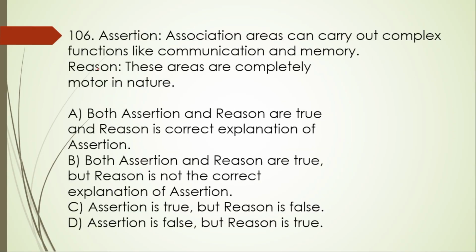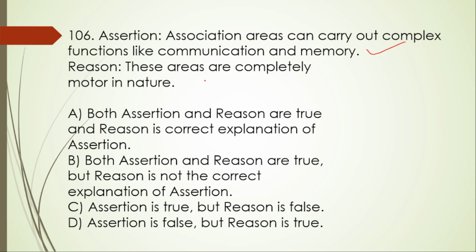Next, 106. Again assertion and reason type of question. Assertion: association areas can carry out complex functions like communication and memory. Yes, this is true. Reason: these areas are completely motor in nature.